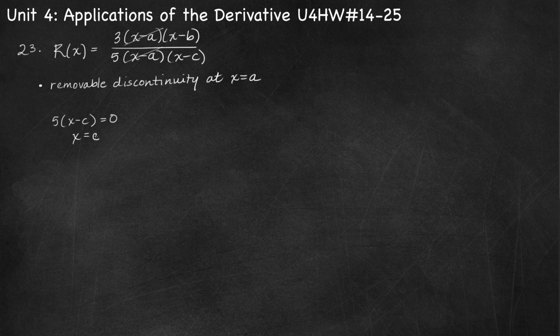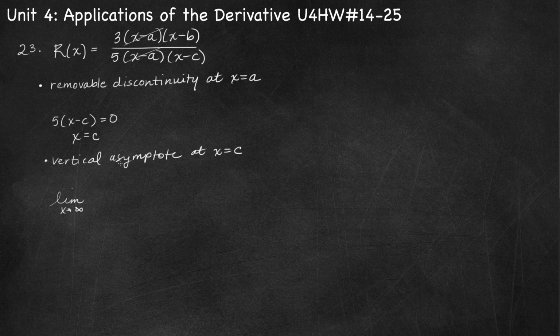And as long as c doesn't also make the numerator 0, and since it tells us that b and c are distinct, we know that won't be the case, then here I have a vertical asymptote at x equals c.